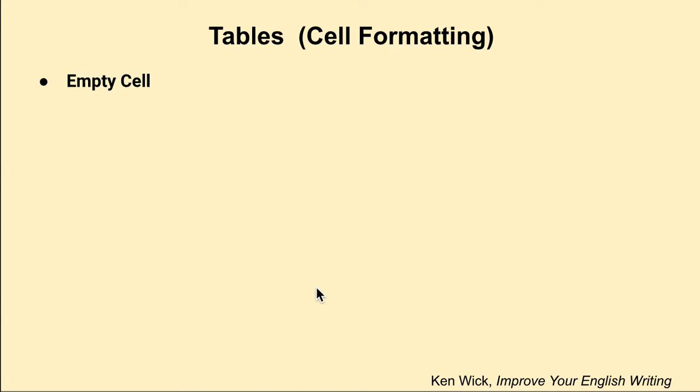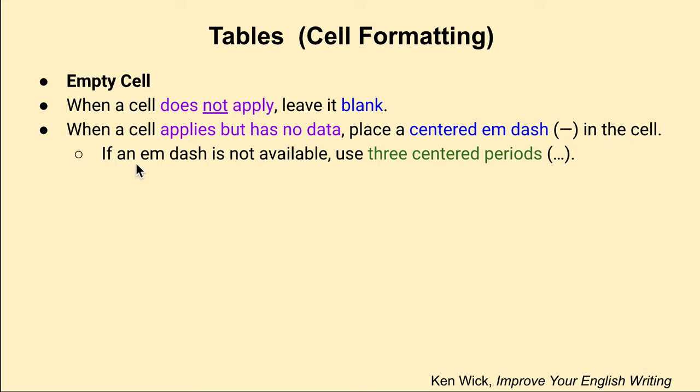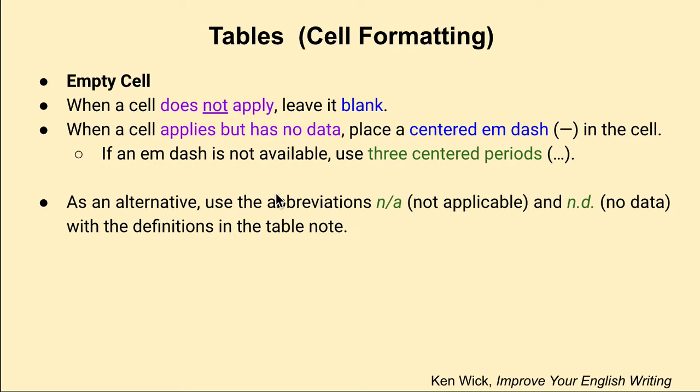Empty cells. What do you do when you have an empty cell? Well, when a cell does not apply, you just leave it blank. But when a cell applies and has no data, you place a centered M dash in the cell. If an M dash is not available, use 3 spaced periods, or 3 centered periods, sorry.